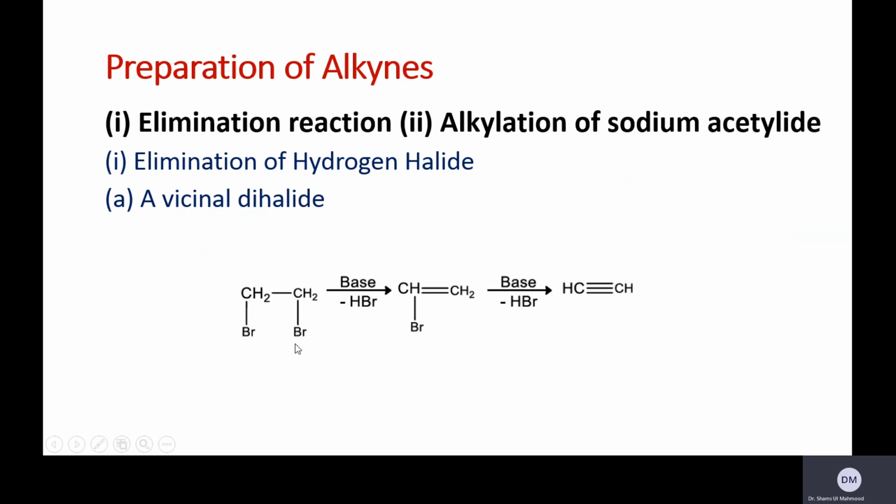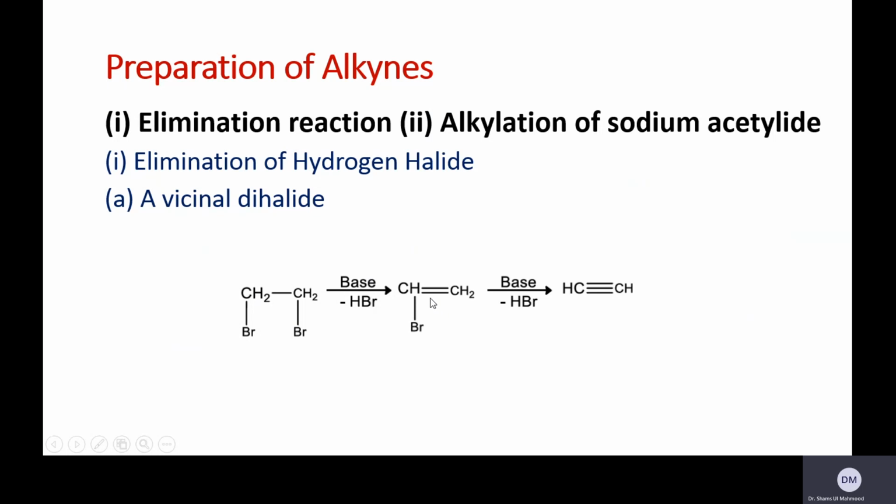Such a dihalide is called a vicinal dihalide, meaning the halogens are attached at adjacent carbons. We use a base such as alcoholic KOH. First it removes the Br from one carbon and H from the second carbon. With removal of HBr, we get the double bond.